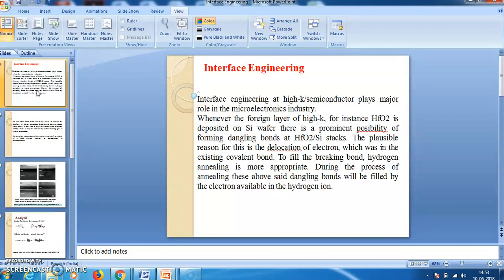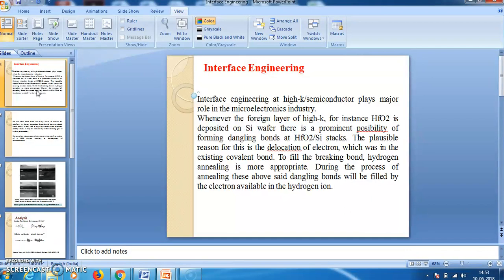Here I said thin. Initially people were using native oxide, that is silicon oxide, and metal stacks for MOS devices. But this silicon oxide is a low-K material, with a dielectric constant of only 3.2. If you keep on reducing the size, because we are always looking for very thin and small devices, the thin and small devices act like smart devices.